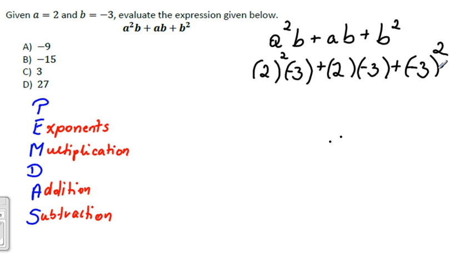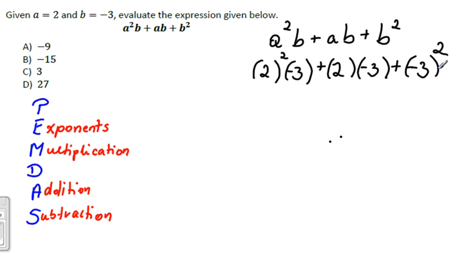All right, next it's very important that you remember PEMDAS, which tells us the correct order of operations in which we should be simplifying a problem like this. So parentheses, exponents, multiplication, division, those two always from left to right, and addition and subtraction to finish up the problem.